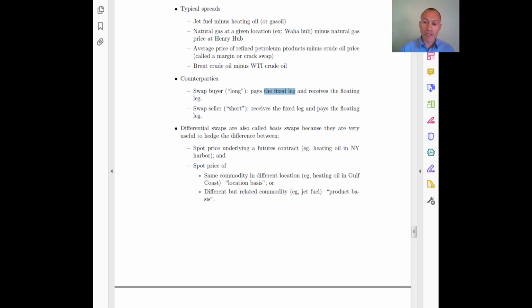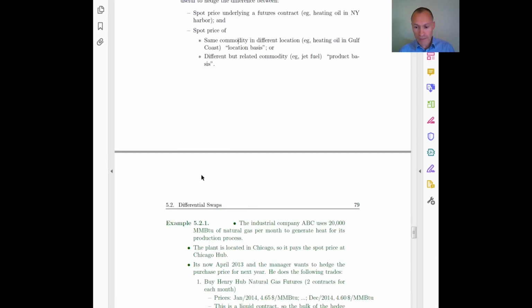And then a second part was the difference between the price of the underlying product at the delivery location, minus the price of the actual thing that I need, which could be the same commodity in a different location, or it could be even a different commodity. And so these differential swaps are going to be useful to hedge exactly that second part, which is not covered by the futures contract.